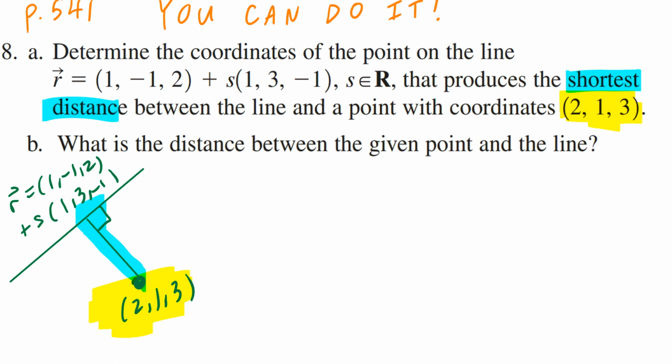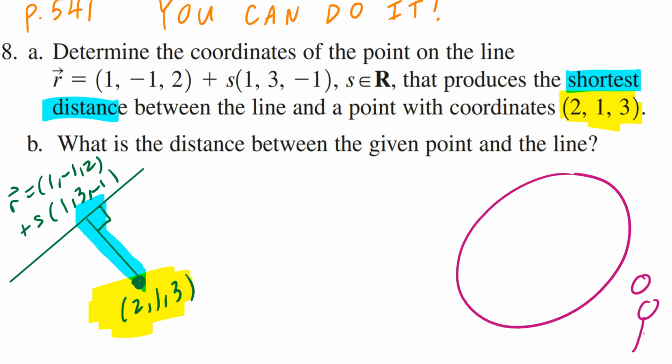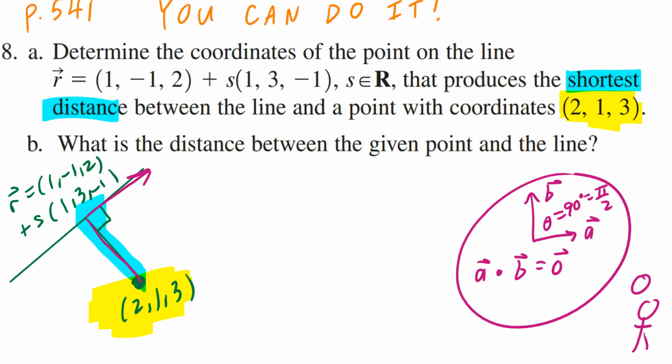So again, just to give you a refresher, anytime we have two vectors, let's say vectors A and B, that are 90 degrees apart, or pi divided by 2 in radians, this means that the dot product must be 0. So we're going to form the two vectors and find the dot product.